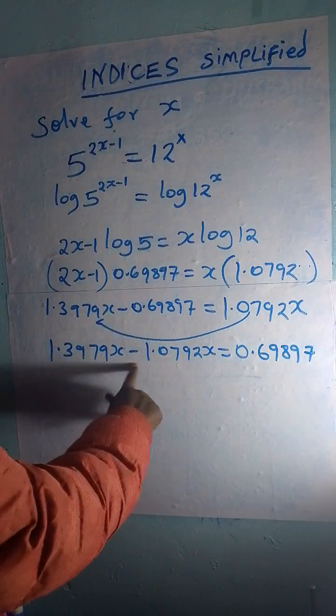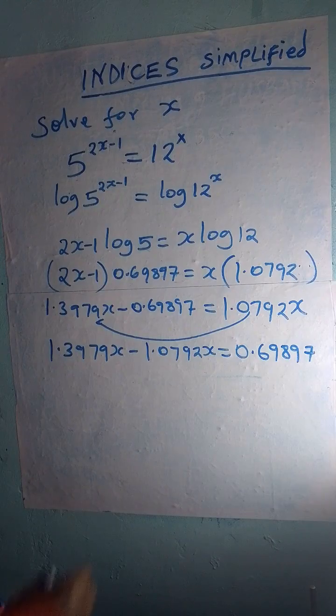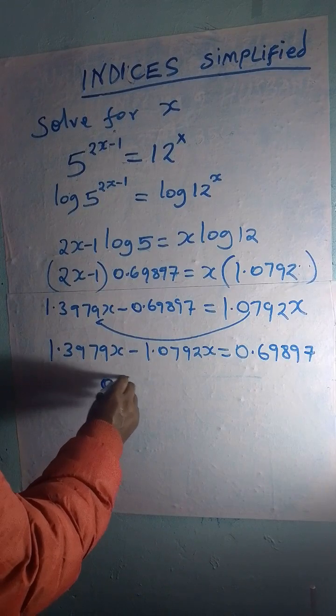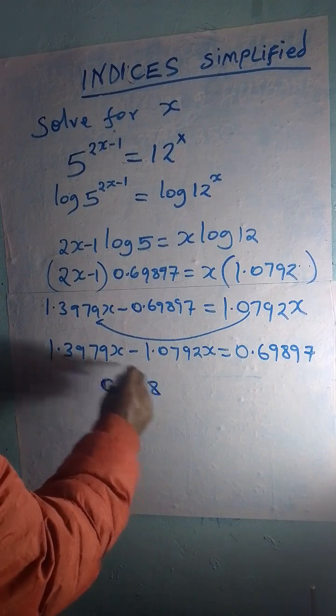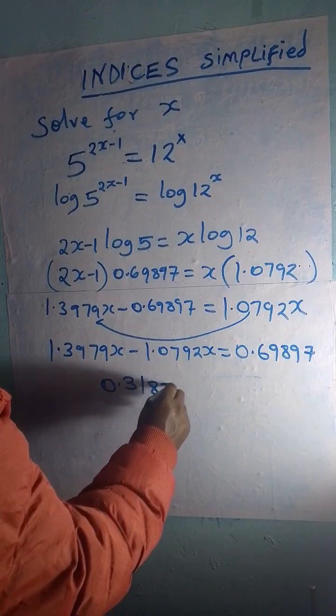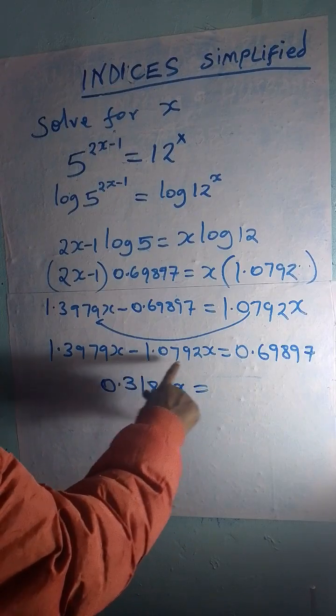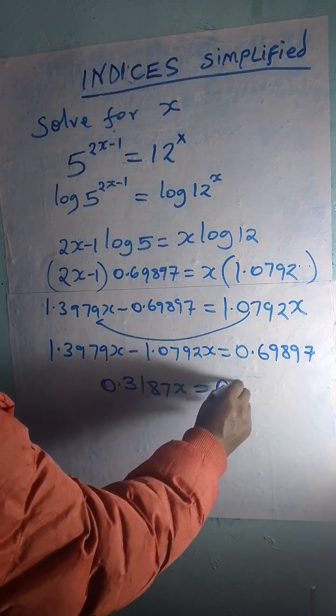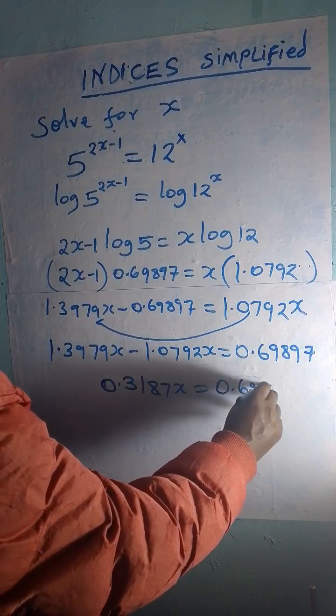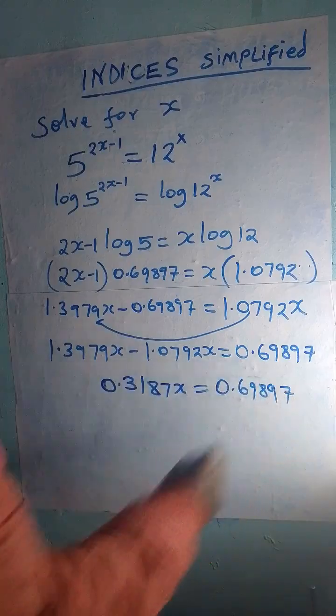So subtract this using your calculator. You will find that it will be 0.3187x, and that will be equal to 0.69897.